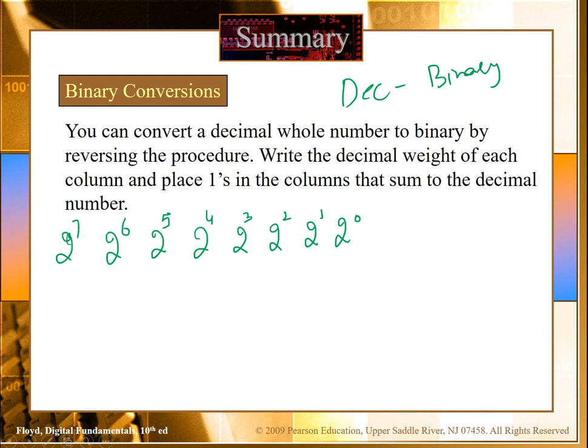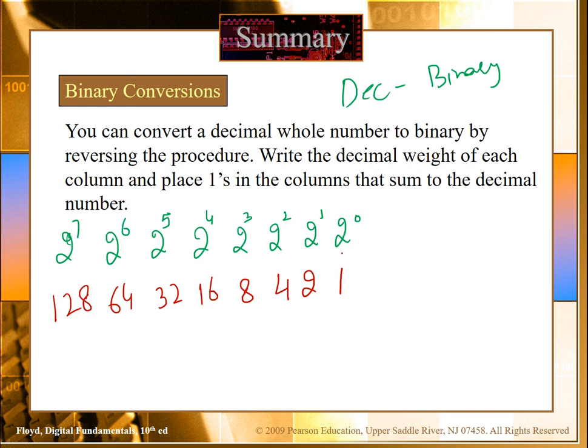What is this telling you? This is a very important thing, so please focus here. 2 to the power 0 means 1, then 2, 4, 8, 2 to the power 4 is 16, 32, 64, 128.